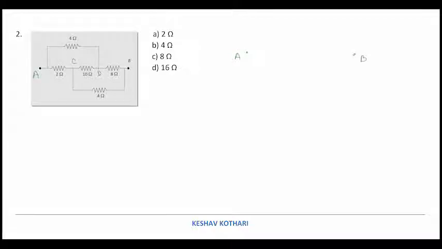From A to C we have a resistance of 2 ohm, then from C to B a resistance of 4 ohm. From A to D a resistance of 4 ohm, and from D to B a resistance of 8 ohm. And the point connecting C and D has a resistance of 10 ohm.